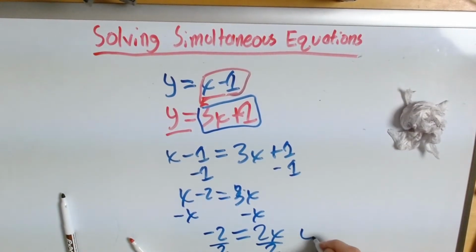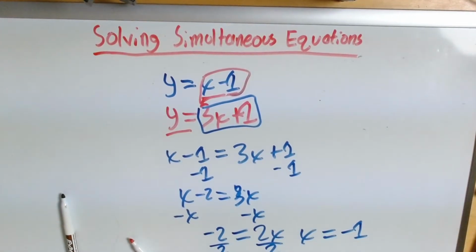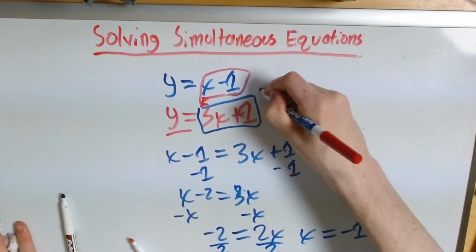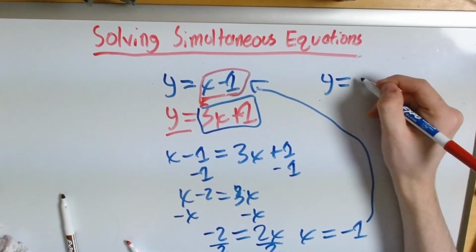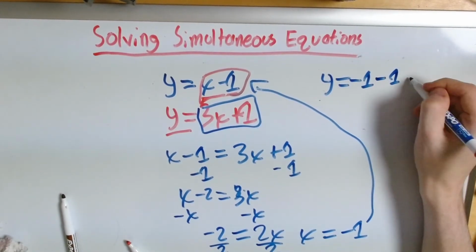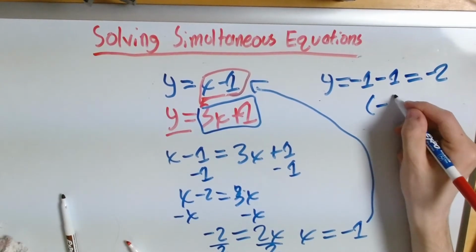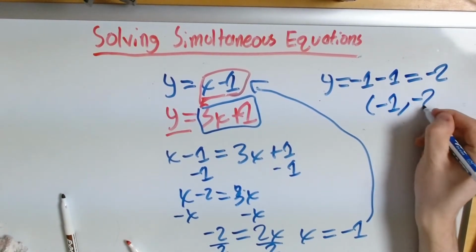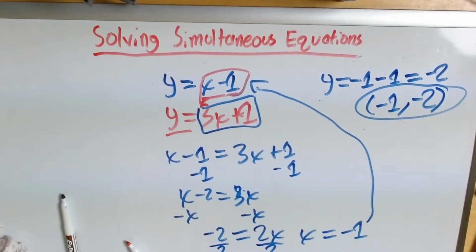And I'll have x equals negative 1. What can I do? Well, I can take that negative 1 and substitute it back into the original equation. So I'll have y equals negative 1 minus 1, just negative 2. All right, so my solution is (-1, -2). There we have it. We've solved our equation.